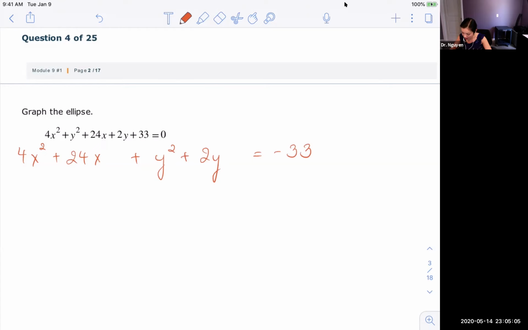And for A, you go left, right, 1. For B, sorry, I don't know why I put 4. Why I put 2. For B, we go up, down, 2. There we have it.